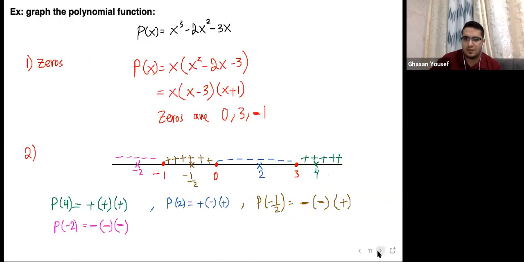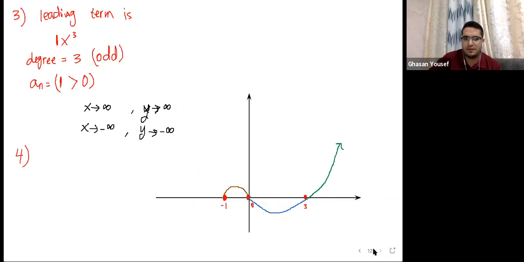And the last one is negative, below the x-axis. And that's it. This is the graph of the polynomial function. To check the end behavior, when x goes to infinity, the y goes to infinity, goes up. When x goes to minus infinity, the y goes to minus infinity, goes down. This is correct, so the graph of this function is correct.